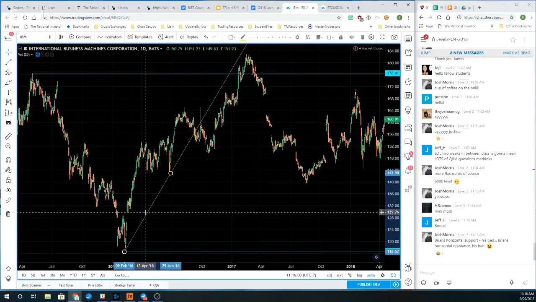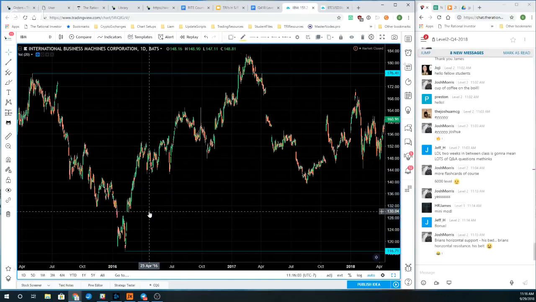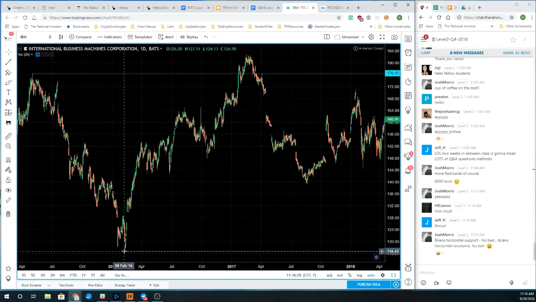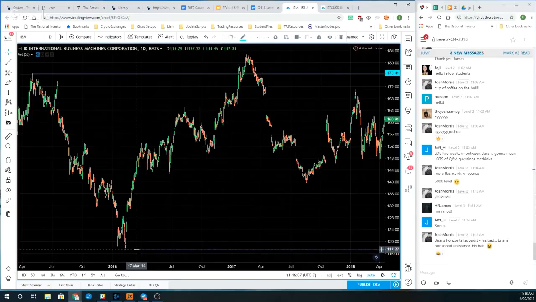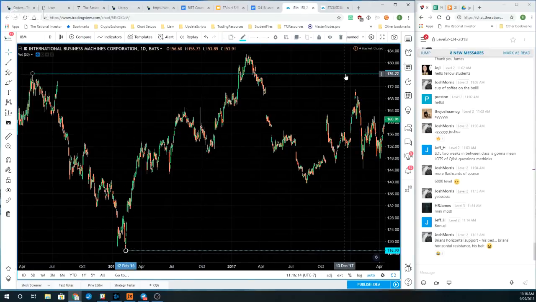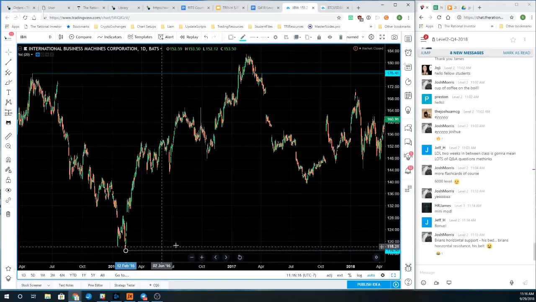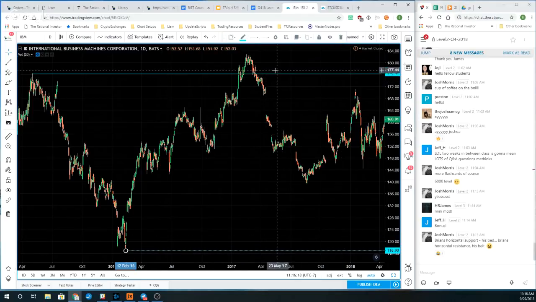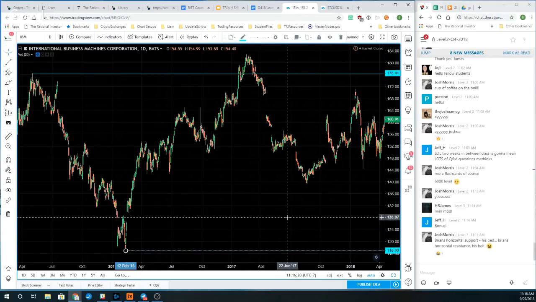Very simply put, when you take this horizontal ray and draw a line right off of this level right here, it creates this horizontal line, and this is what we call horizontal support and resistance. It's just that simple.